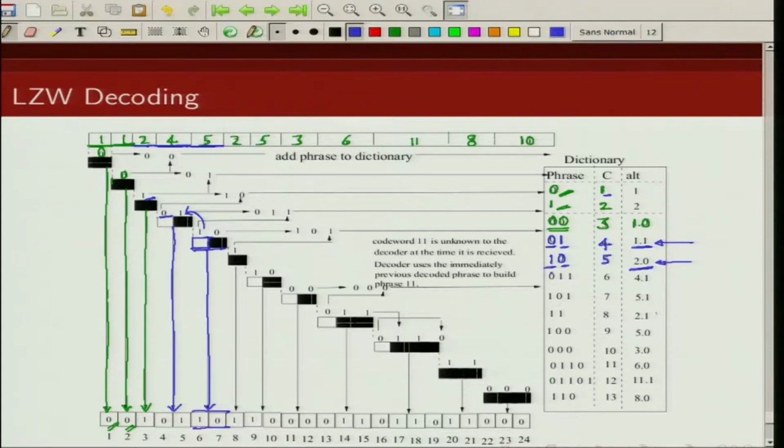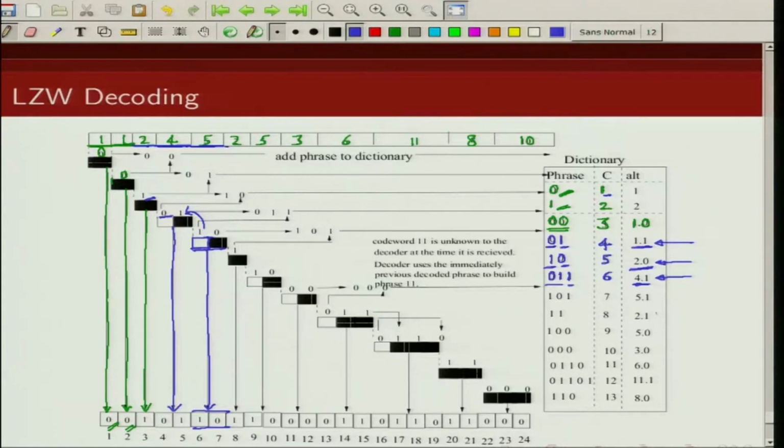So I am going to add this phrase 0 1 1 to my dictionary, and this will be my code word number 6. So 011 can be written as 01 concatenated with 1. And what is 01? 01 is my code word number 4. So code word number 4 concatenated with innovation symbol 1. So that is dictionary entry number 6.